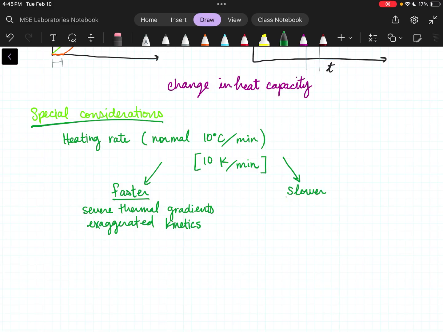If we are going much slower, the reactions are happening with very little driving force. So let's take the opposite. I take that ice out of the freezer and I put it at 0.5 degrees Celsius. We are technically above its melting temperature, and it will technically begin to melt.